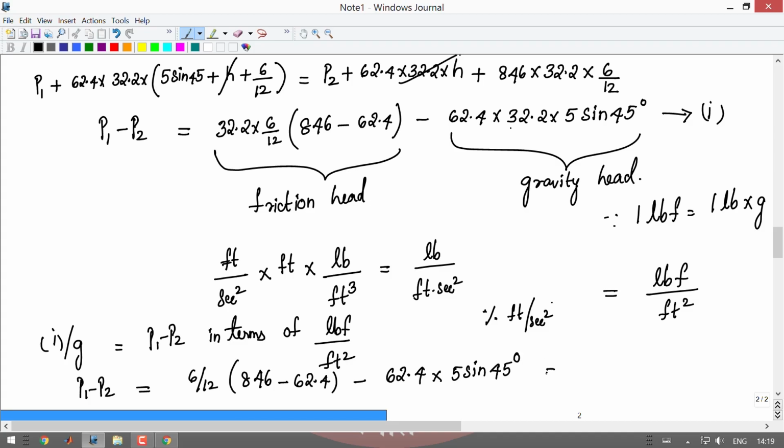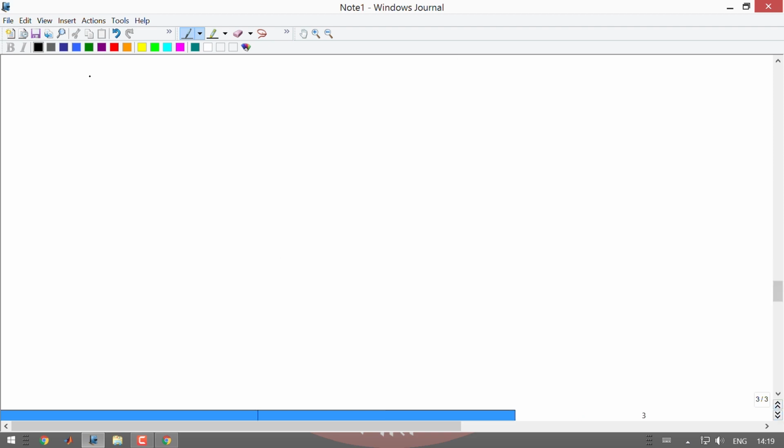This comes out to be 171 LB force per feet square. So, we have got P1 minus P2 as 171 LB force per feet square.